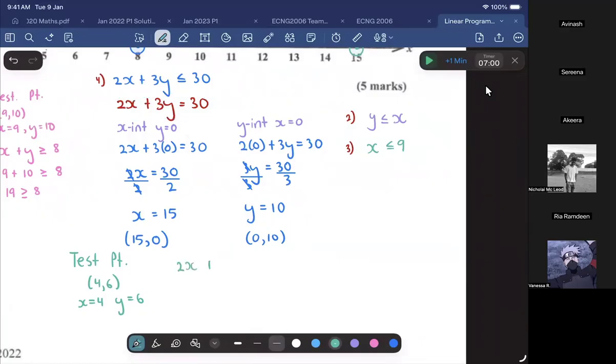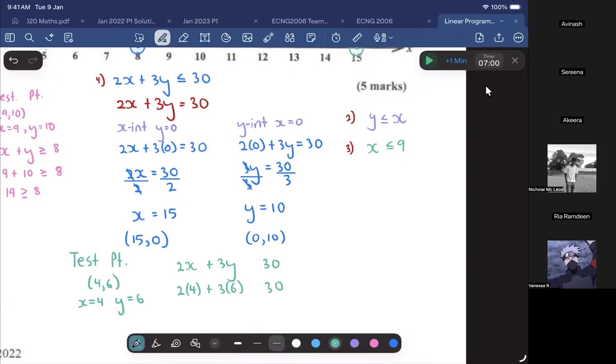I'm going to write 2x plus 3y and just 30. What is x? 4. What was y? 6. And we're trying to see if it is less than or equal to 30.